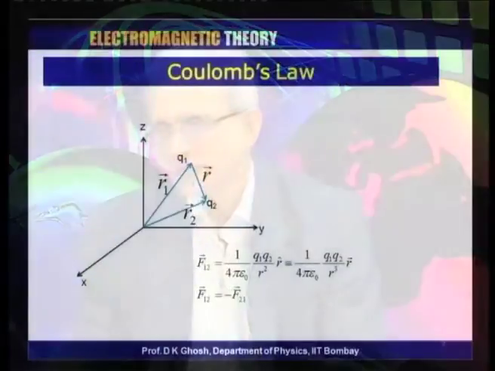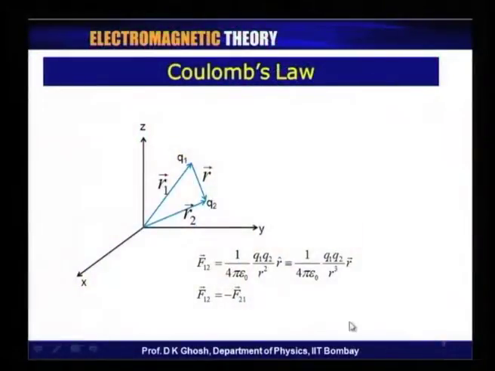If you look at this diagram, you will realize that there is a charge q1 I have kept at the position r1, and there is a charge q2 at the position r2. The origin is absolutely arbitrary, because the form of the law does not depend upon choice of origin.